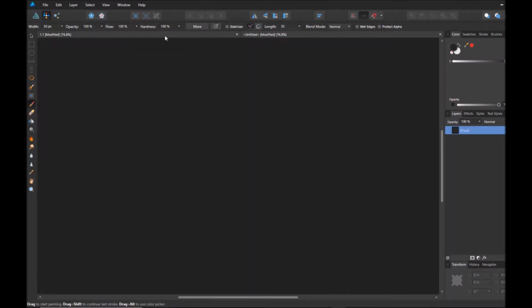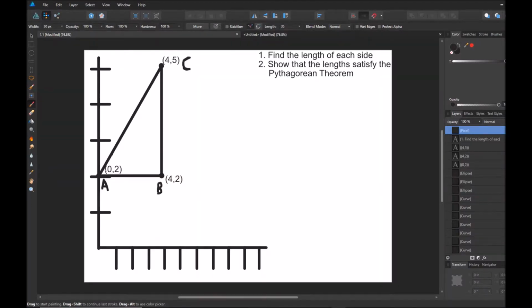So now we can say that the distance between point A and point C is 5 units.